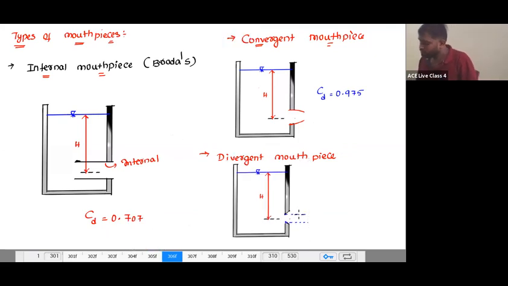Divergent means it depends upon the angles. Here the CD value is going to be around 0.93. And there is one more thing, the convergent-divergent mouthpiece, where first it converges and then diverges. So the most important ones are the internal mouthpiece, convergent mouthpiece and divergent mouthpiece.